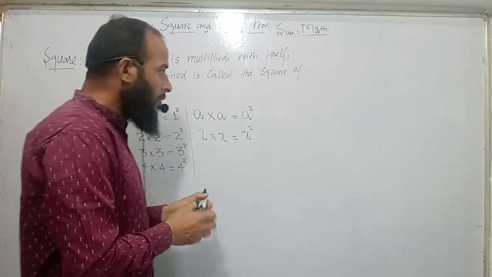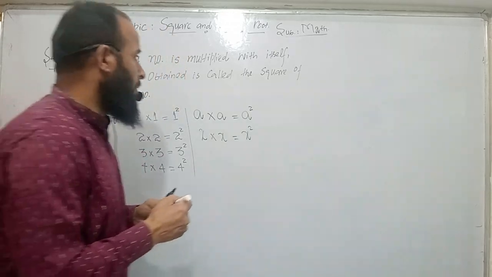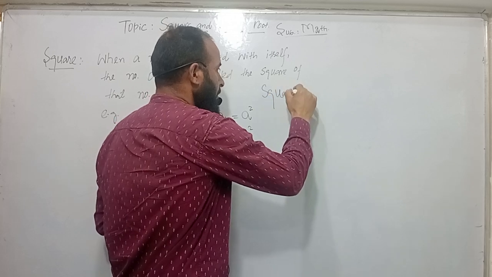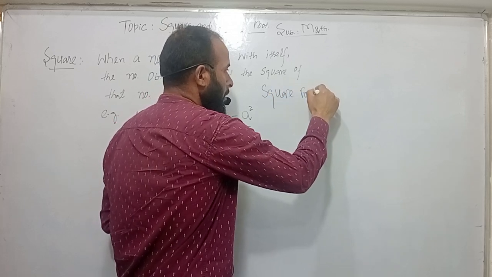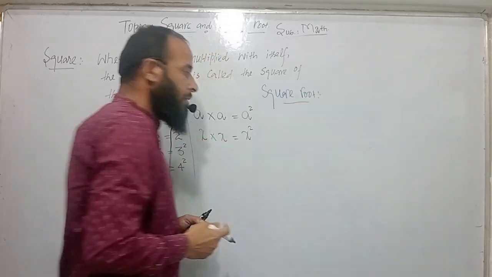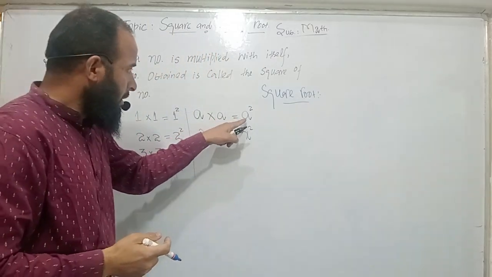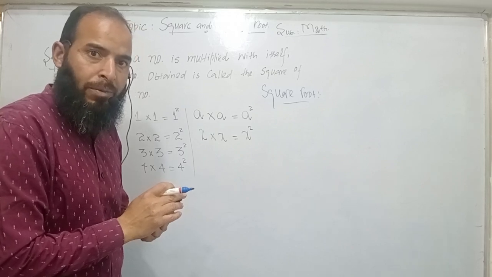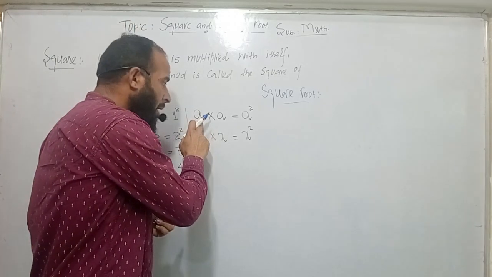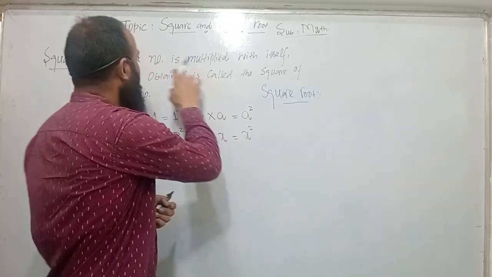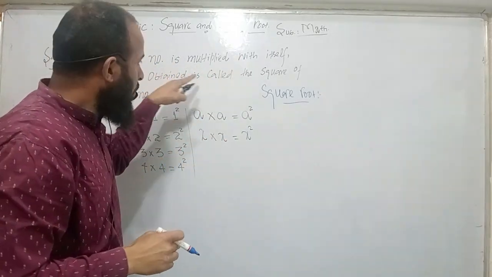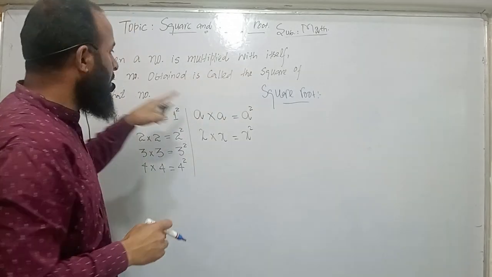Now, what do we mean by square root? See, this is the square of a. When a number is multiplied with itself, the number obtained is called the square of that number.